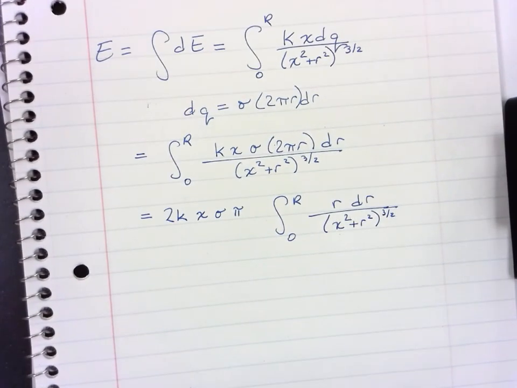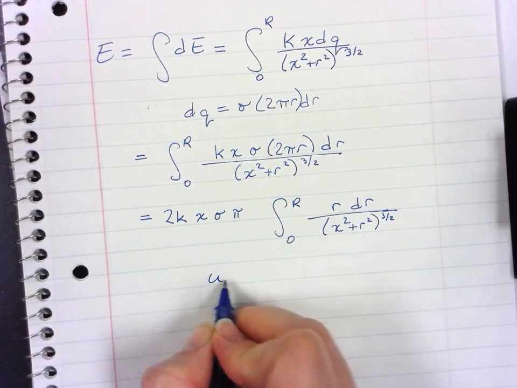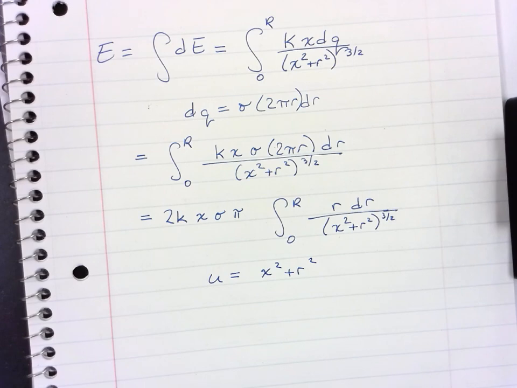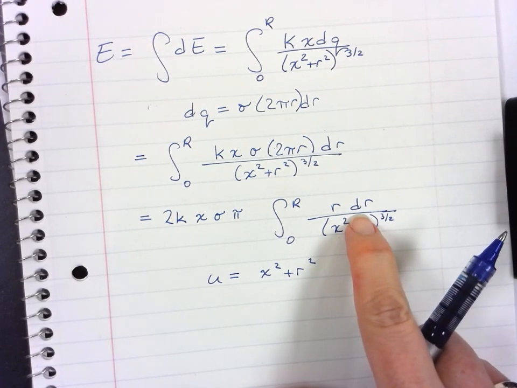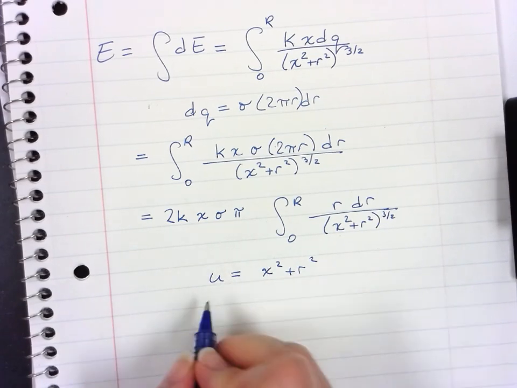We are going to use a different substitution method this time. Honestly, because this r is here, we are going to use u equals x squared plus r squared. To get rid of dr, we need to have a du. So we take the derivative of both sides.